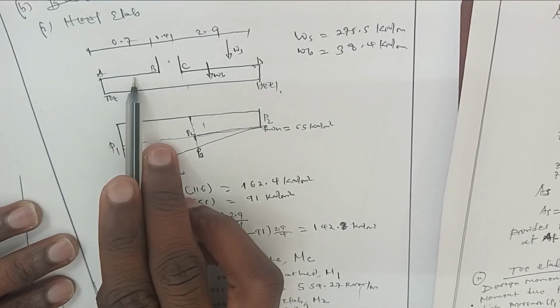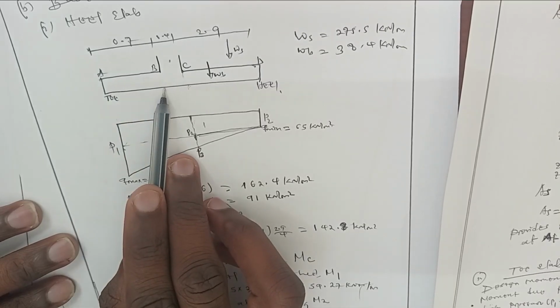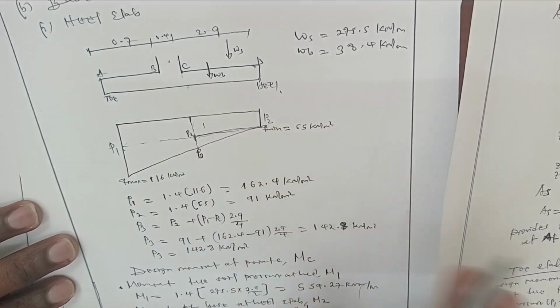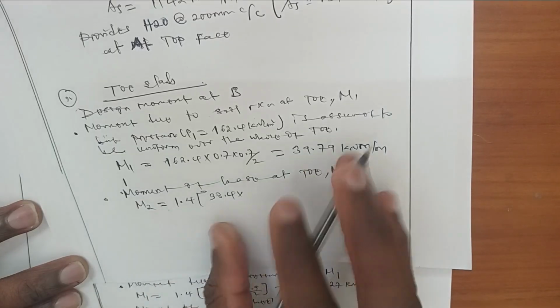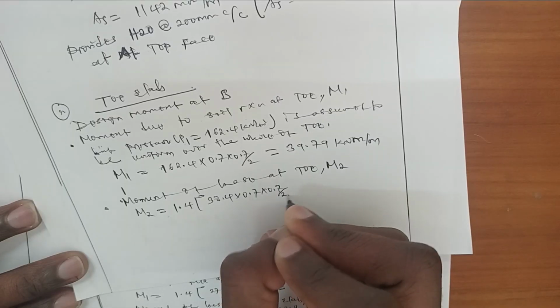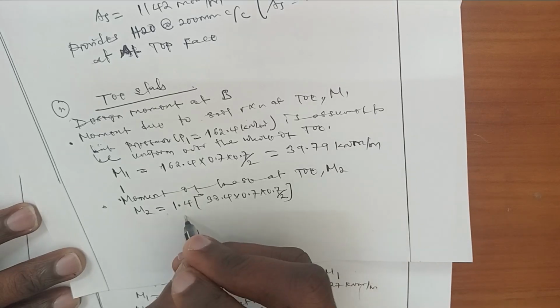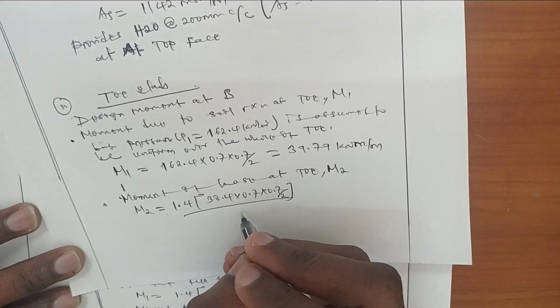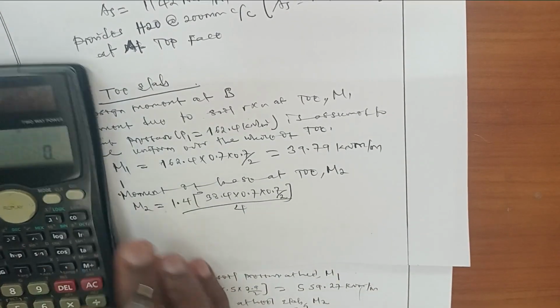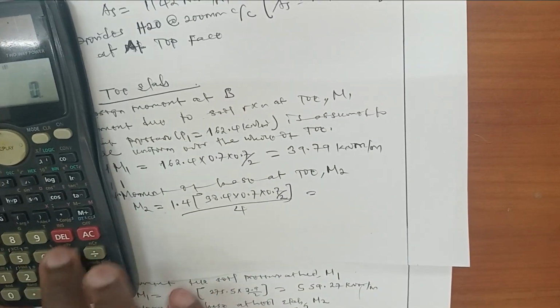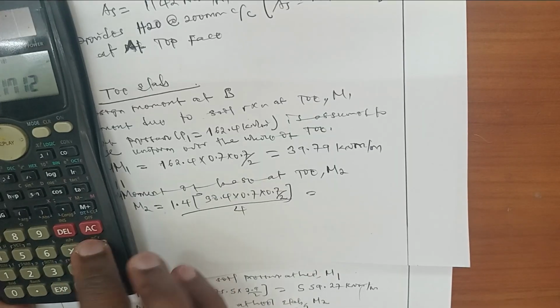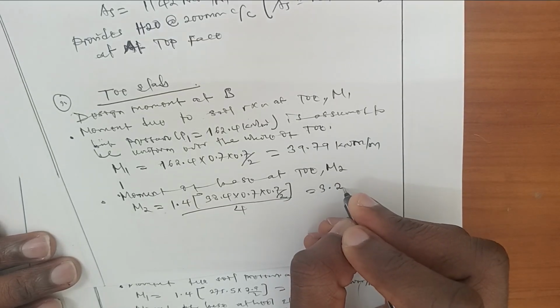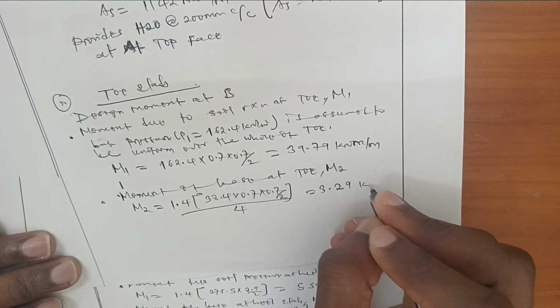Multiplying by the factor of safety: 1.4 times 38.4 times 0.7 times 0.7 divided by 2, divided by 4, equals 0.29 kilonewton per meter.